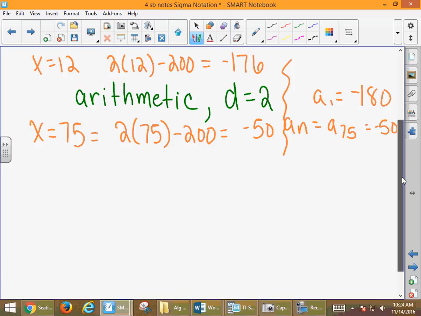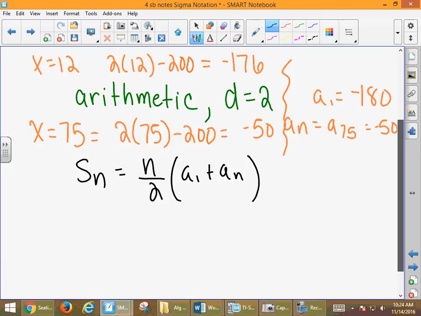Because again, what we're going to do is go back into our sum formula, which once again is what sigma equals. It's a sum formula. And our sum formula is n divided by 2 times a1 plus an. So we need to know one more piece of information in this problem.